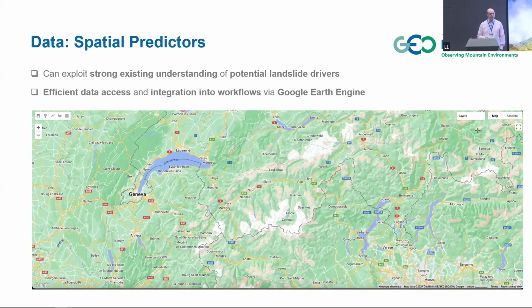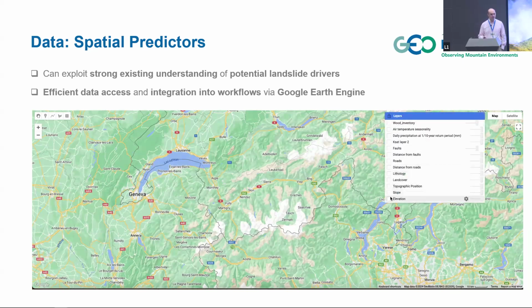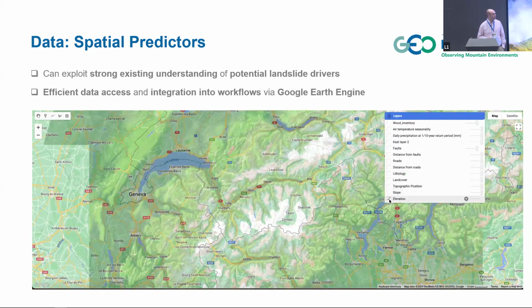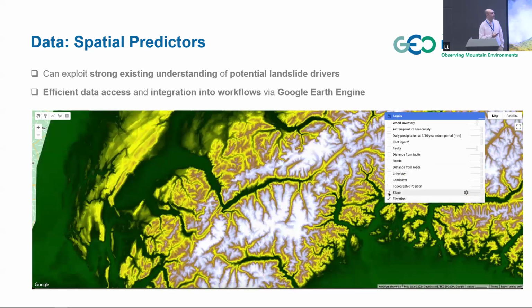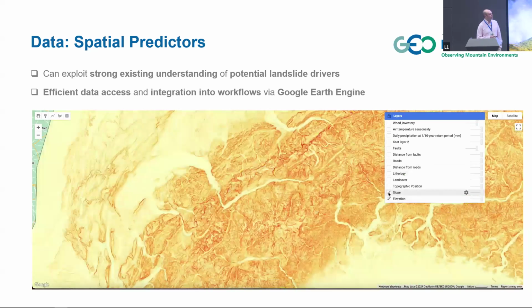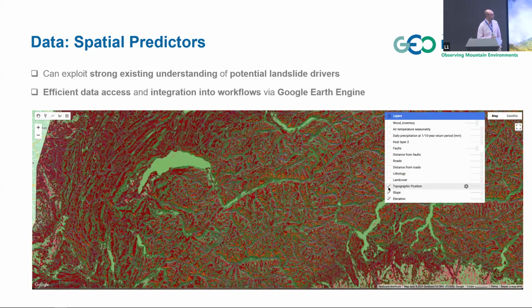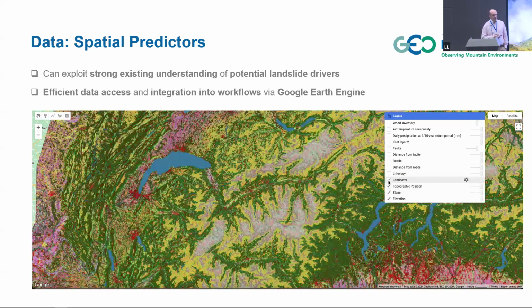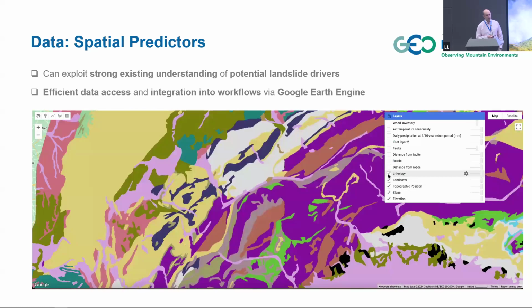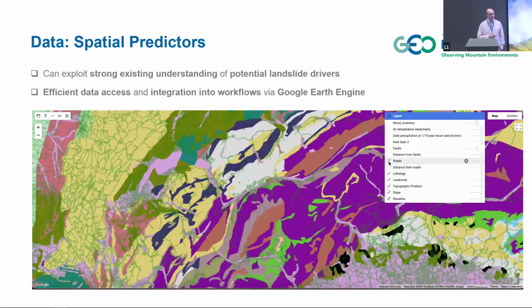In this animation, I'm showing very quickly some of the predictive variables which we considered: elevation, slope, the topographic position, whether we're on a ridgeline or in a valley, and several other aspects, land cover for example, and the geological bedrock lithology.